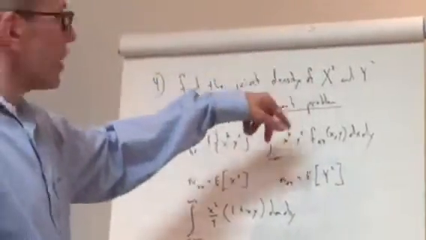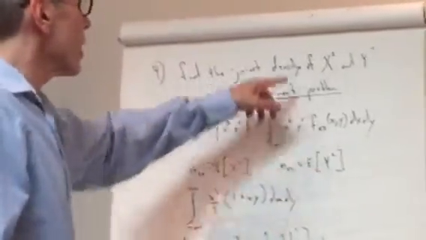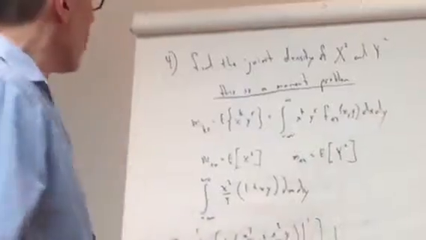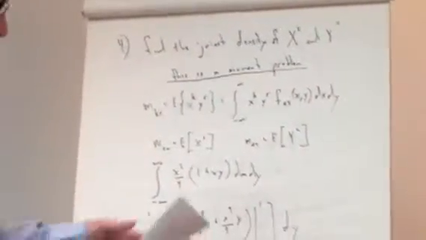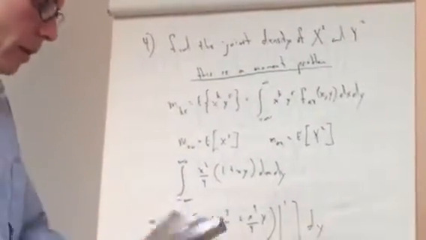That's that. The last part is finding the joint density of, as it reads, x squared and y squared. We're not really talking about x squared and y squared; this means the second moment of x and the second moment of y. So this is a moment problem, and there's some notation in the book.